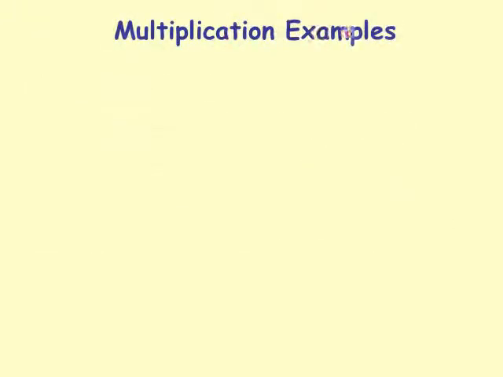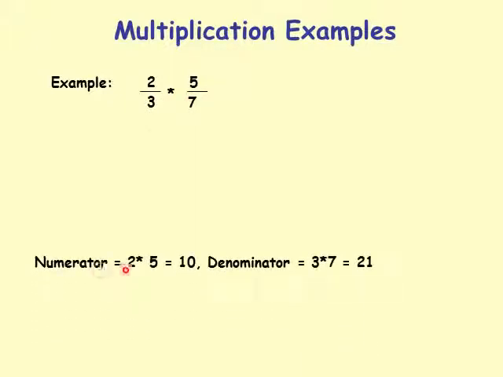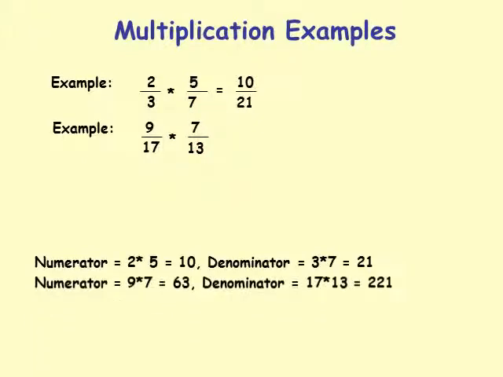An example for multiplication. First example is 2 over 3 times 5 over 7. The numerator is 2 times 5, which is 10, and the denominator is 3 times 7, which is 21. So that is 10 over 21. Another example: 9 over 17 times 7 over 13.